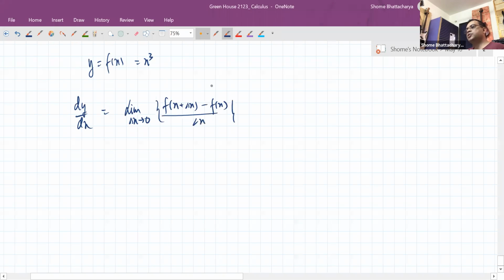When I substitute f of x as x cube, this further solves to (x plus delta x) cube minus x cube, divided by delta x.